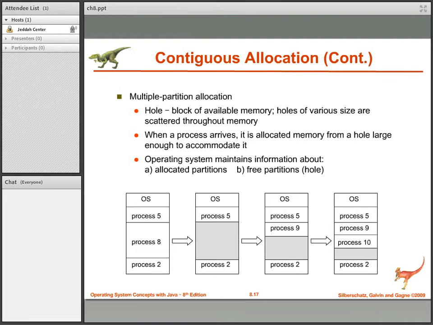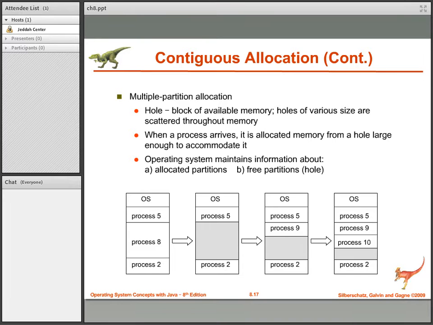This information contains information about allocated partitions and about the holes, which are the remaining free partitions.